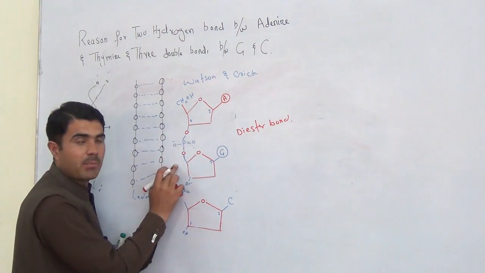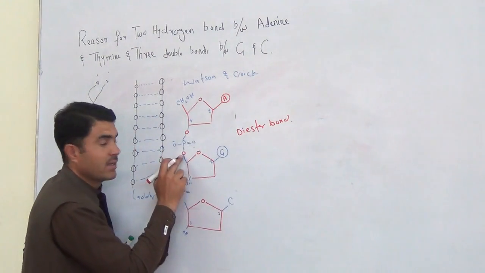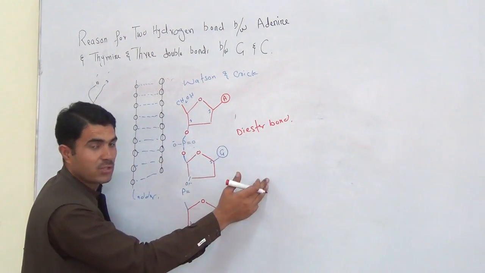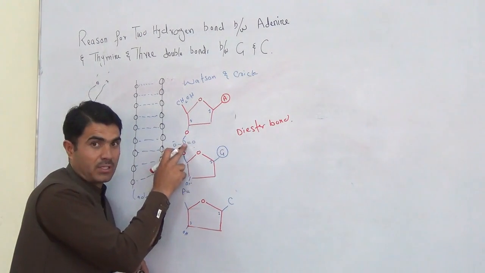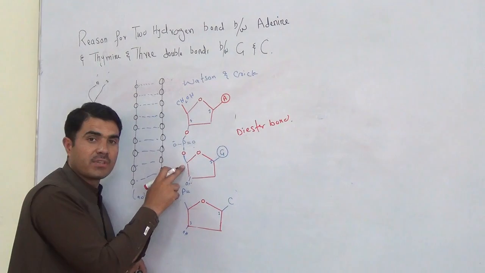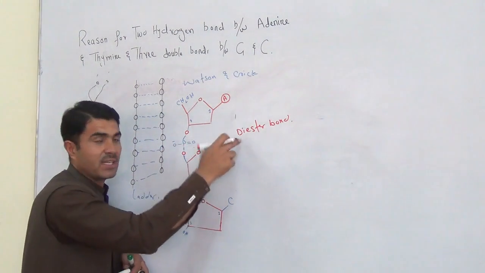Whenever it makes a bond, the phosphate will give its OH, and the hydrogen from the OH will combine in the form of H2O and a bond will form. This oxygen is not the oxygen of the phosphate, although we know that phosphate also has oxygen, but this oxygen is of the ring, and the phosphate's oxygen has been removed in the water.